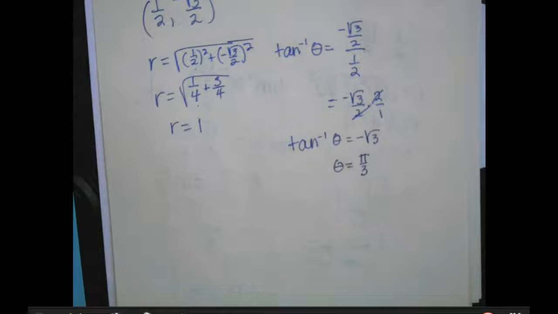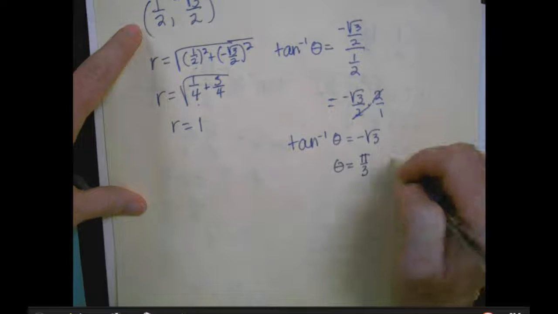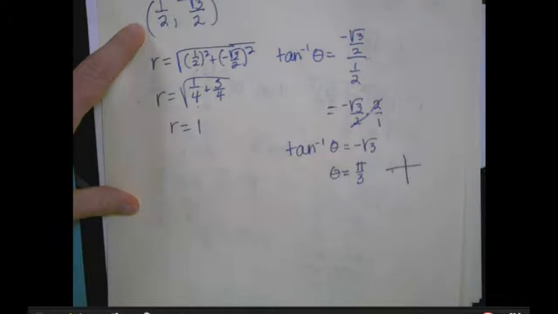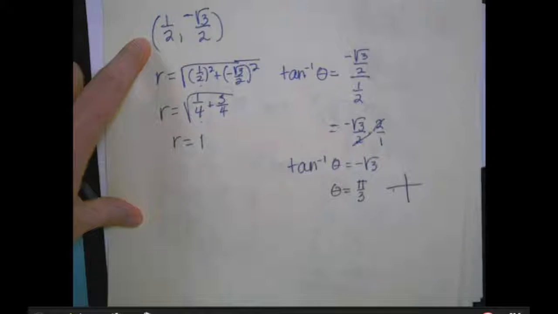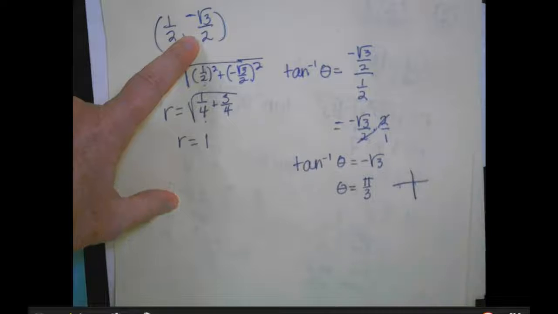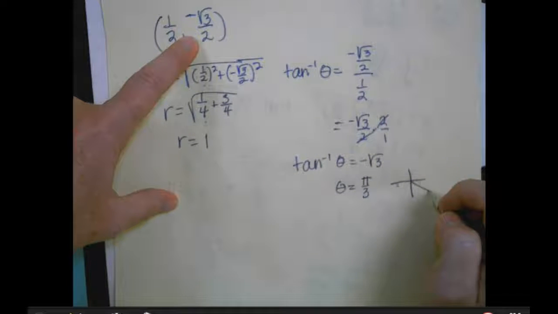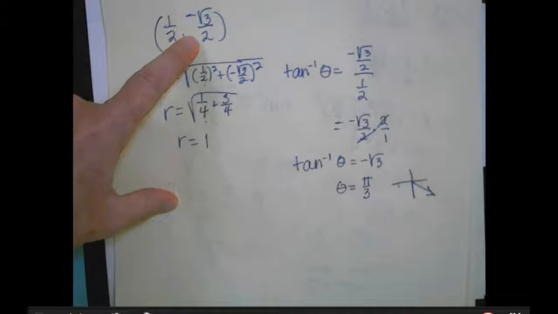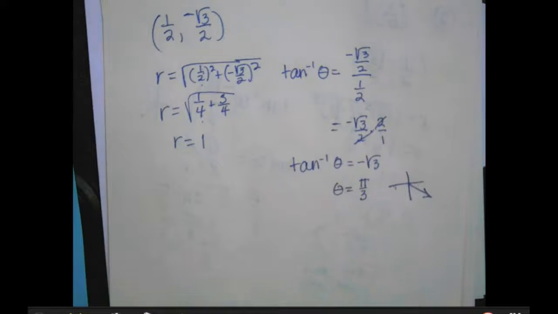So now this is where if there's any hard part on any of the assignment at all, you actually have to think to do this, so this probably might be a little hard. But if I look at my original point, I have a positive x and a negative y. Which quadrant does that put me in? Right down there, right? Positive x, negative y. So we drew on our little thing.